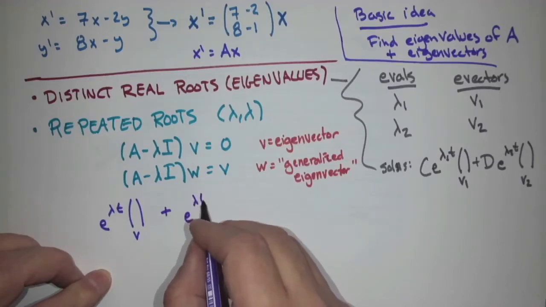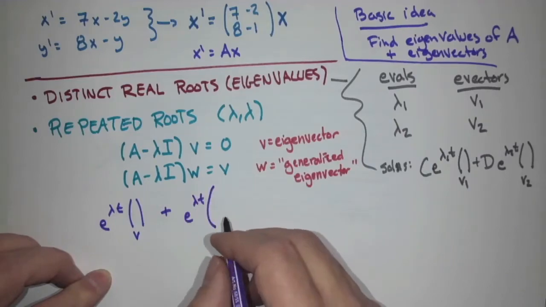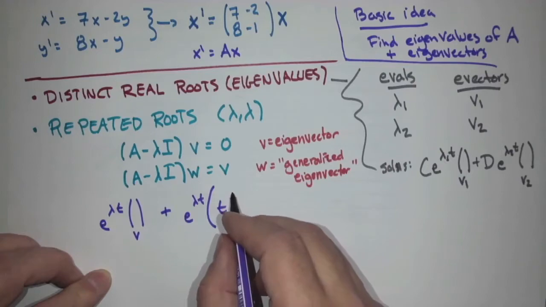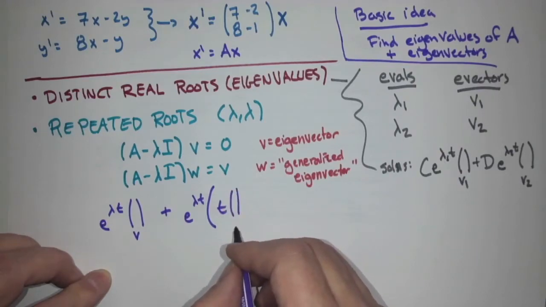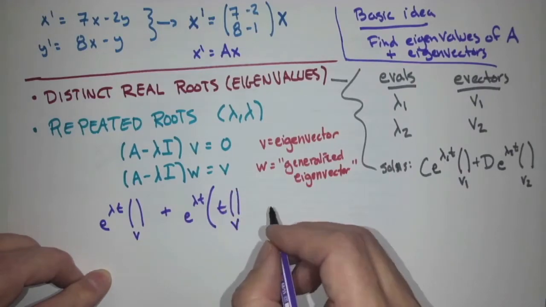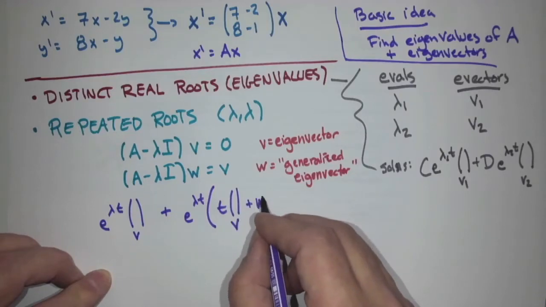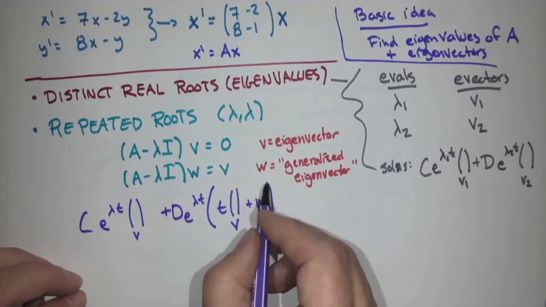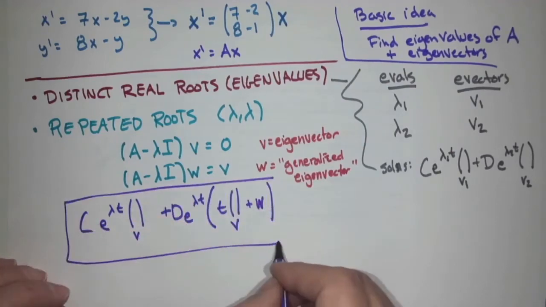Okay, e to the lambda t, t times which vector? Times your vector v plus double v. Yep. Throw in some constants, and we have our general answer.